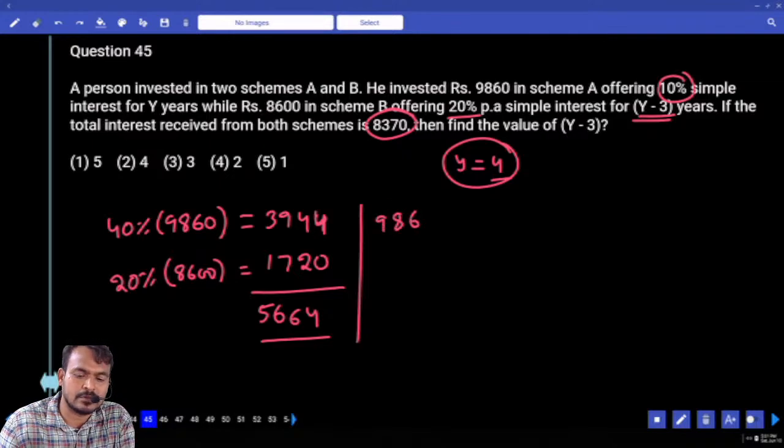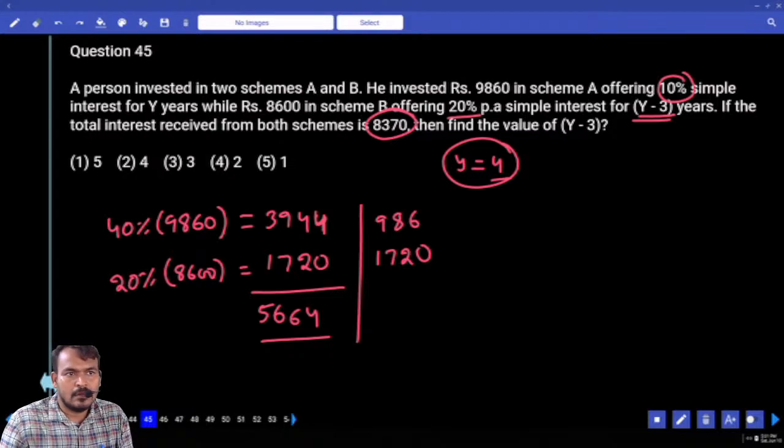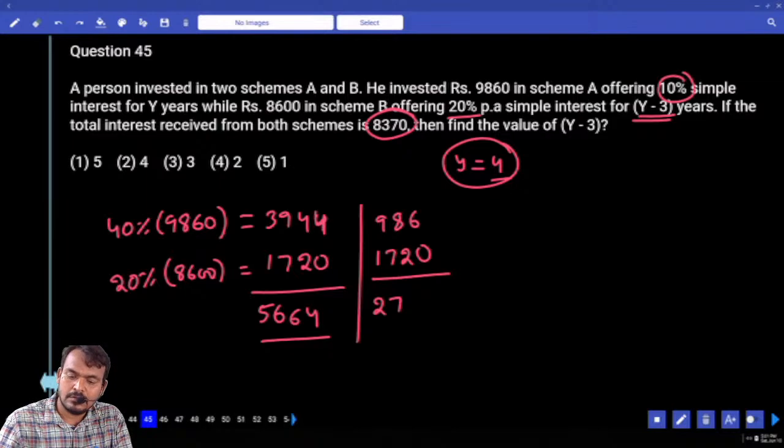Second one 20%, 1720. What is the total value? 2706. Both are adding how much?